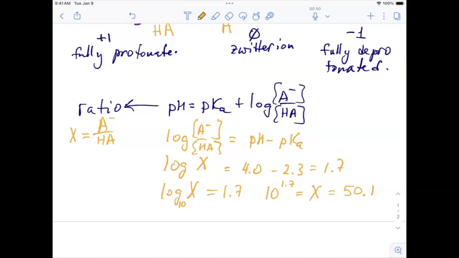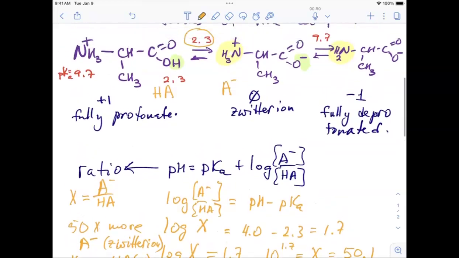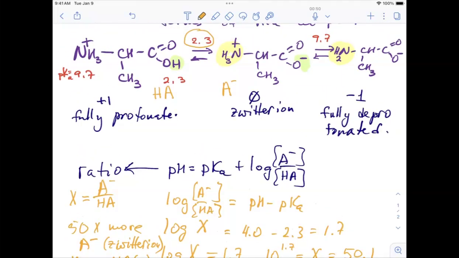So what does this number mean? It means we have 50 times more A minus, the deprotonated form, which in this case is the Zwitter ion, compared to HA, which is the net charge +1 form. That's how we calculate this. Now do you want to try to do this for, say, pH 8? Could you do the same thing?